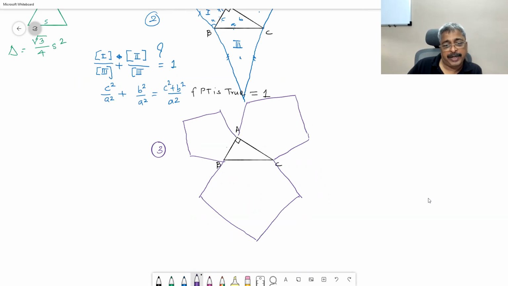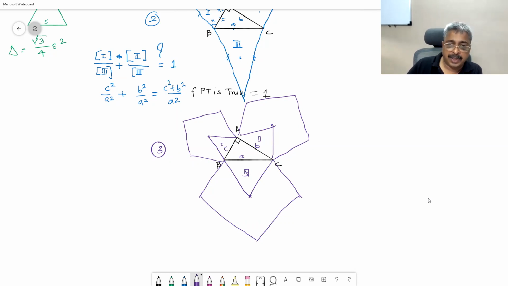One side of the regular pentagon is C. This side is B. This side is A. Now, if we join the center of this regular pentagon with the vertices of triangle ABC, this triangle 1, triangle 2 and triangle 3, they are similar to the earlier figure.